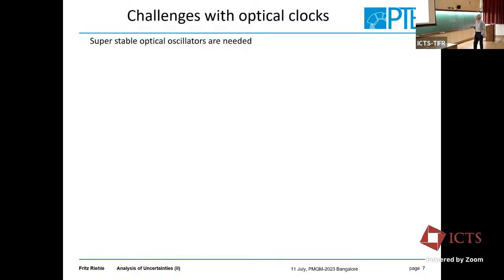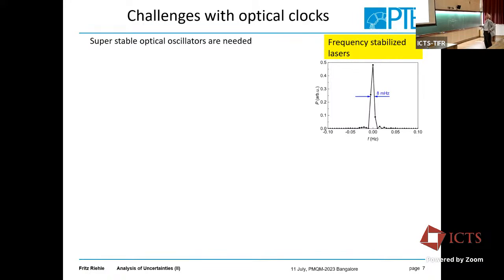So what do we need with optical clocks? Yes, we need, first of all, a super stable optical oscillator. Because if I want to interrogate an atomic transition within seconds, I have to make sure that the interrogating laser does not fluctuate in frequency too much.